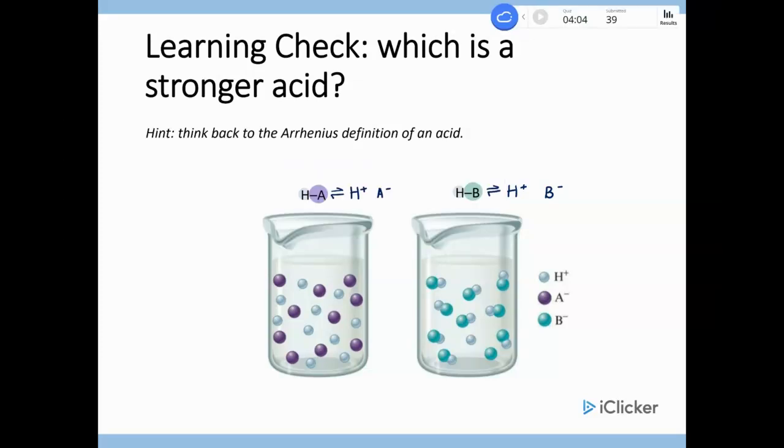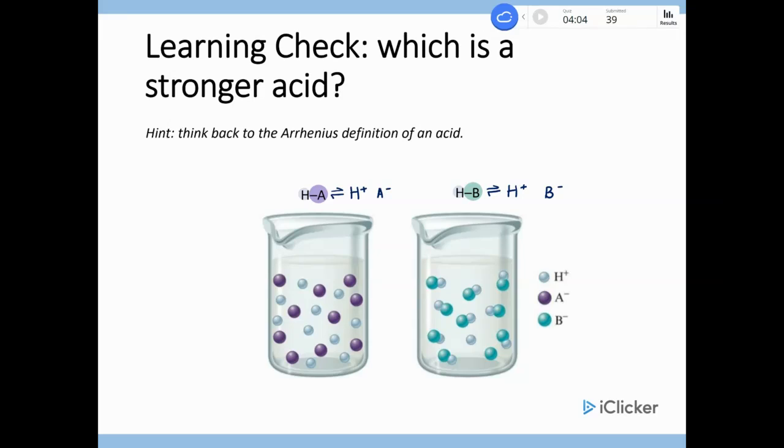All right, this first question, we've got two acids, HA and HB. Add them to water, and remember that an acid dissociates into H plus and then the rest of the molecule, in this case, A minus or B minus. So I wrote out the equilibrium equations over here. The definition of an acid is that it produces H plus.